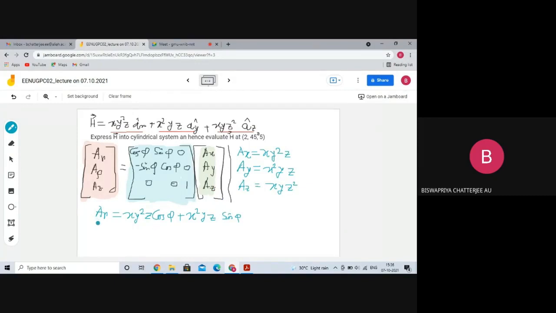What is A phi similarly? A phi is equal to Ax times minus sin phi, so minus of x y square z sin phi, plus x square y z cos phi.